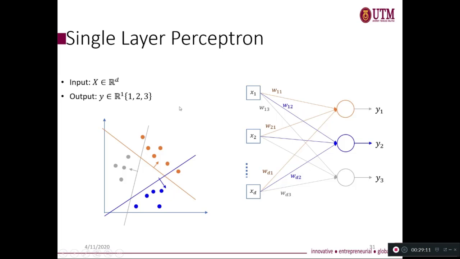Now, by still using a single layer perceptron, you can develop a multi-class classifier. By combining only three neurons, where one neuron develops one boundary, you have three classes.